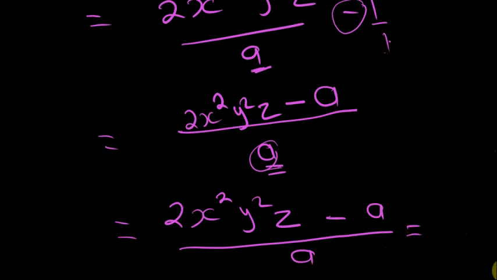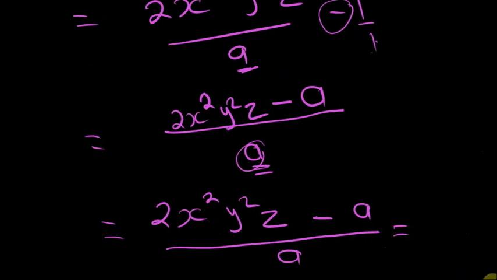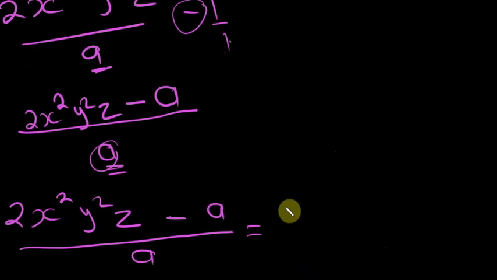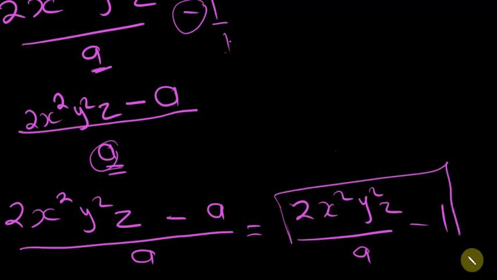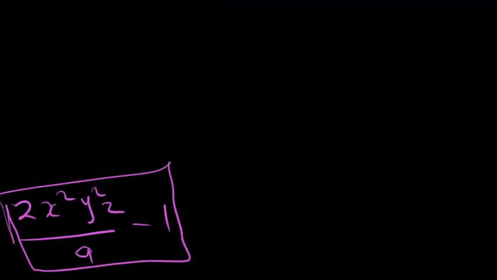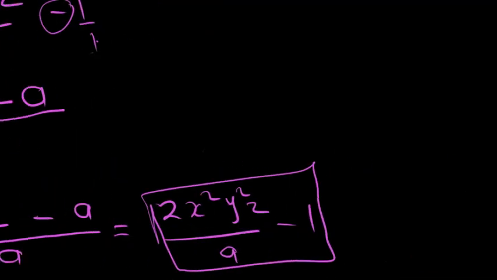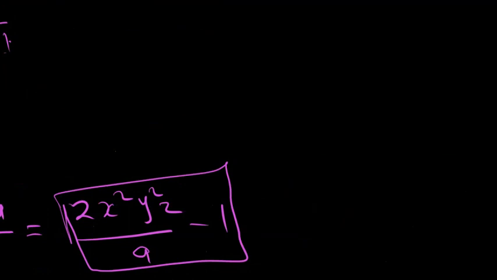Or you can just leave it as 2x squared y squared z over a minus 1. It's still the same thing, whichever one you prefer.